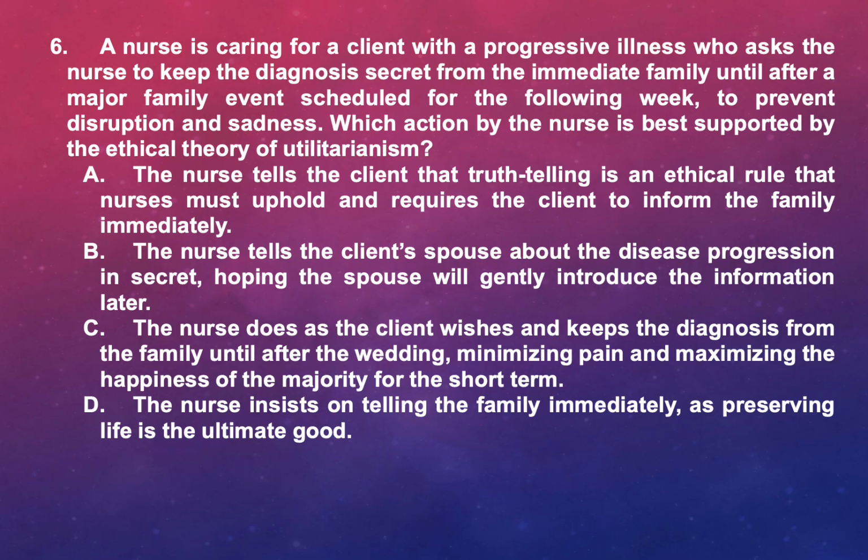B, the nurse tells the client's spouse about the disease progression in secret, hoping the client would gently introduce the information later. C, the nurse does as the client wishes and keeps the diagnosis from the family until after the wedding, minimizing pain and maximizing the happiness of the majority for the short term. Or letter D, the nurse insists on telling the family members immediately, as preserving life is the ultimate good.